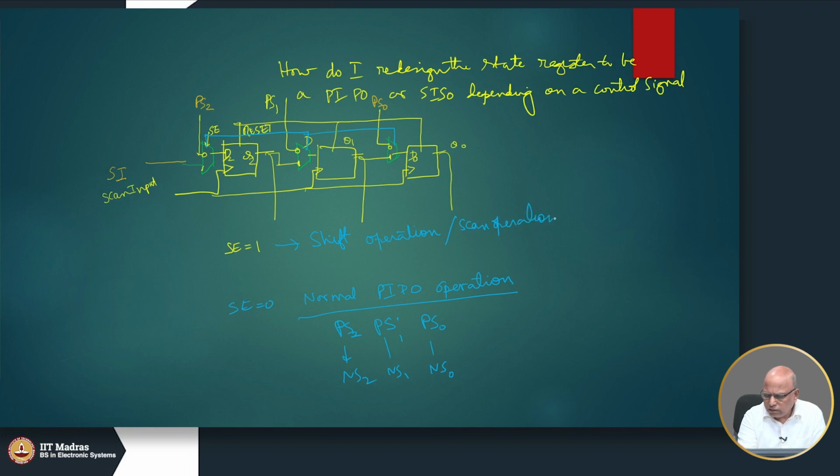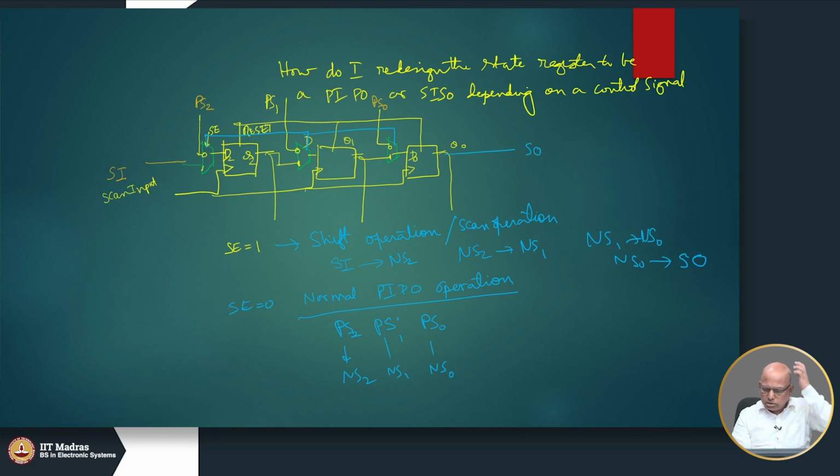So, we sort of scan the, so what will happen is serial input will go into Q2 or NS2, then NS2 will go into NS1 and NS1 will go into NS0 and then NS0 will go into that serial out.